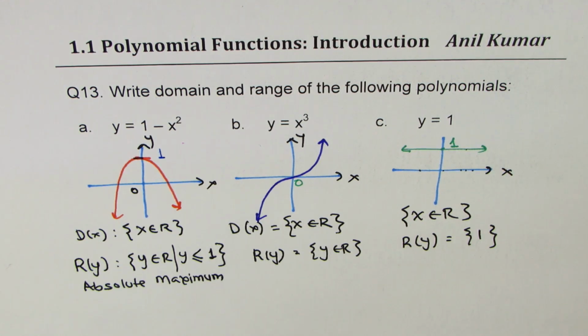Now x to the power of should be a whole number, never an integer. As far as the leading coefficient and other coefficients are concerned, they should be real numbers, not sine, cosine, log, or exponential. We also notice that all the polynomials are smooth curves except linear or constant functions.